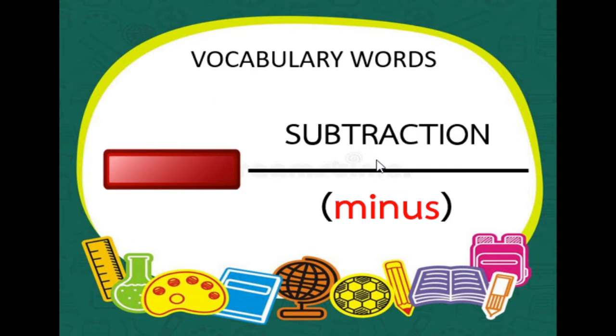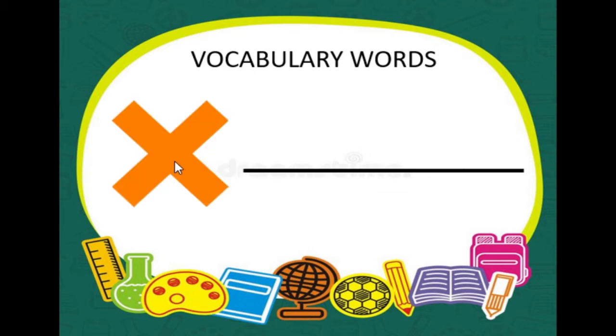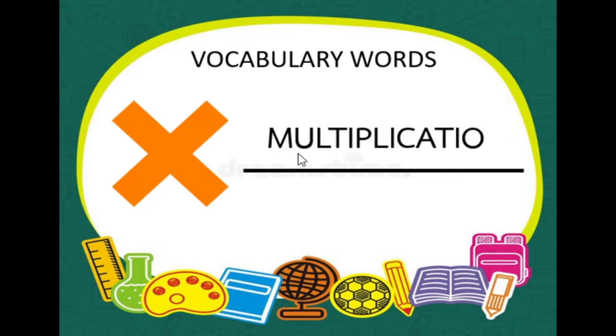Let's move on to the third one. If you see this symbol, this represents the operation called multiplication. M-U-L-T-I-P-L-I-C-A-T-I-O-N. Multiplication.